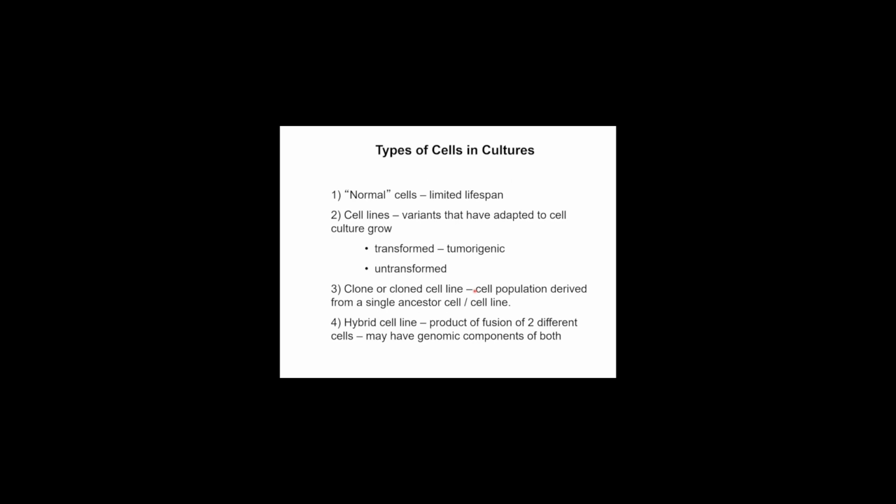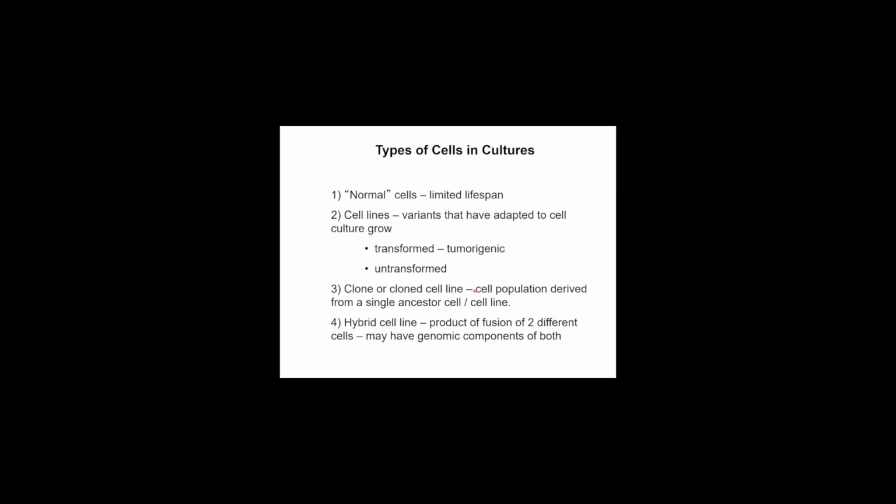And there are multiple different cell types that we use in culture. One is the perfectly normal cell. There are some that do divide. Fibroblasts, lymphocytes can be forced to divide in culture. They have a limited lifespan, so they're only going to be useful for a given period of time. There are cell lines that have been developed, and these are actually extremely helpful.